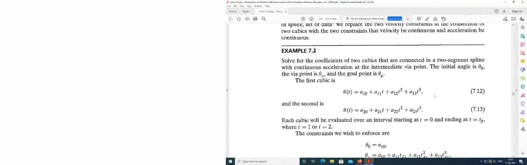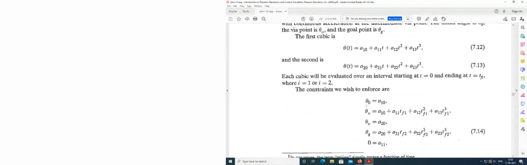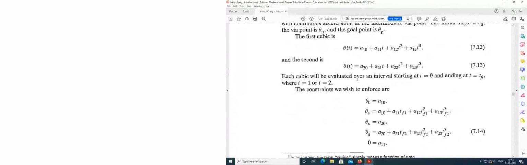What are the conditions? When theta is equal to theta naught, this equation has to go to 0 when t is equal to 0. Similarly, this is the intermediate when t f1.